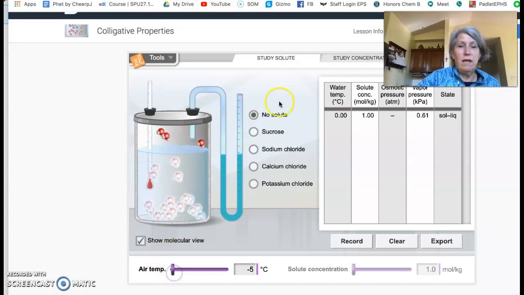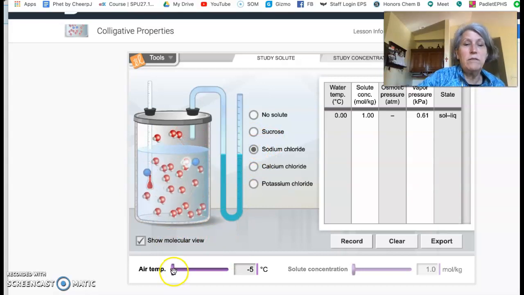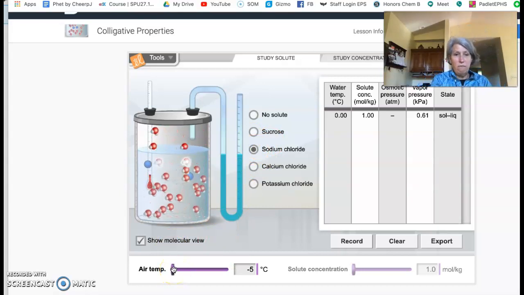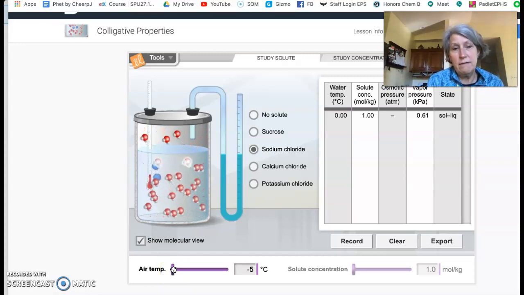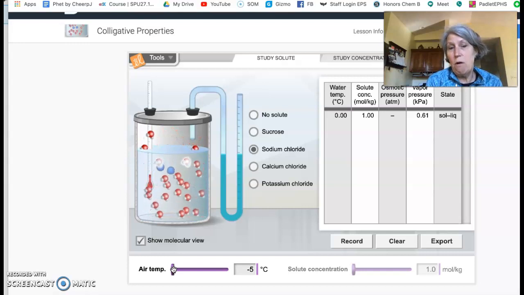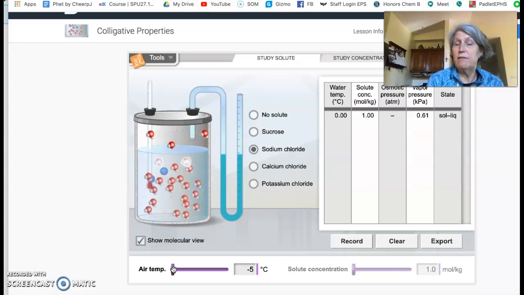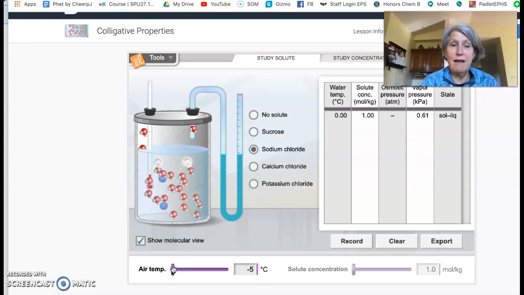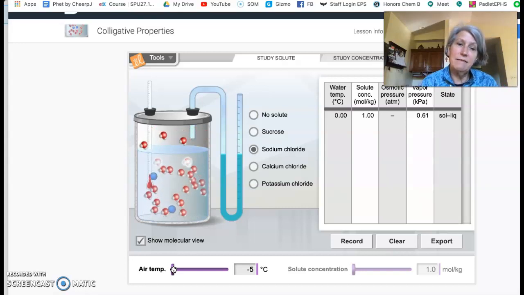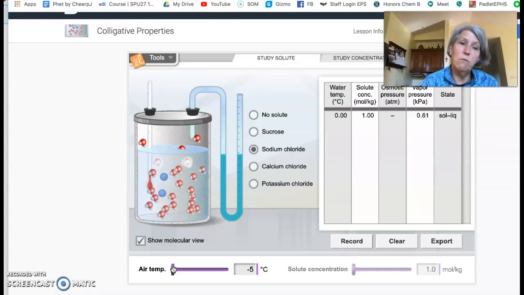Okay. And I'm going to actually put in some sodium chloride here. So we're looking at sodium chloride, and we'll just stay at that -5. And what happens, you will notice, is that the water doesn't freeze either as quickly or as completely as it did if it was just pure water.